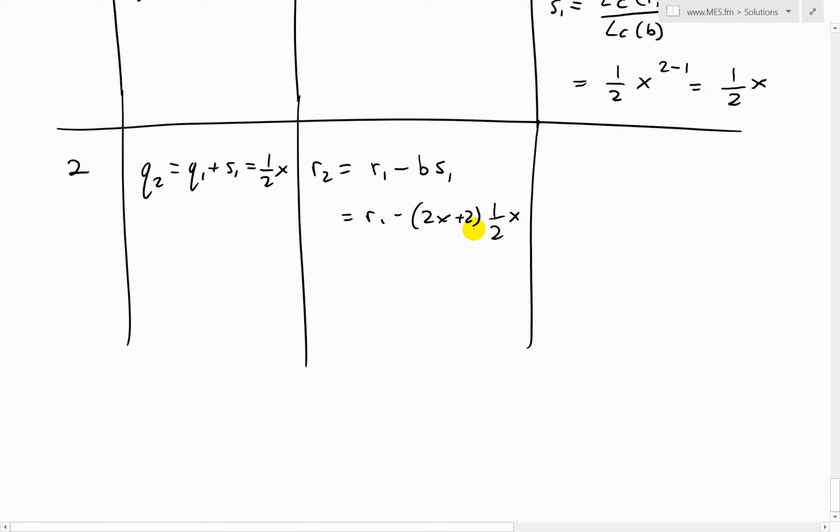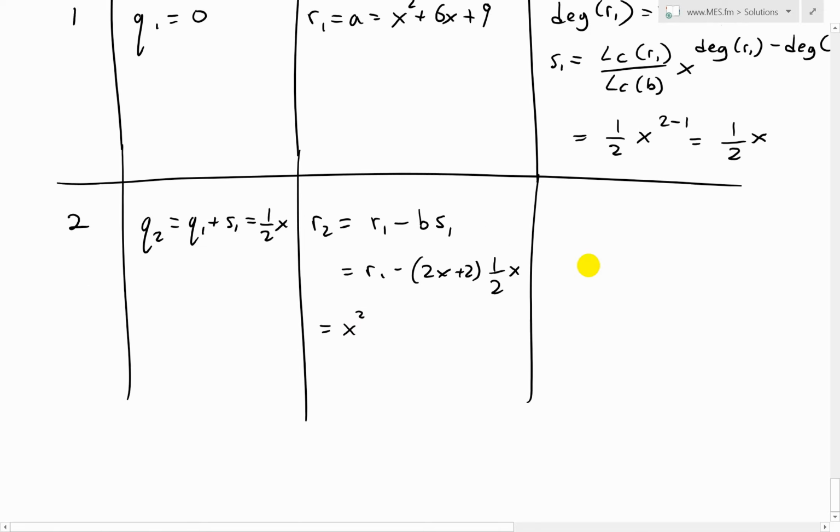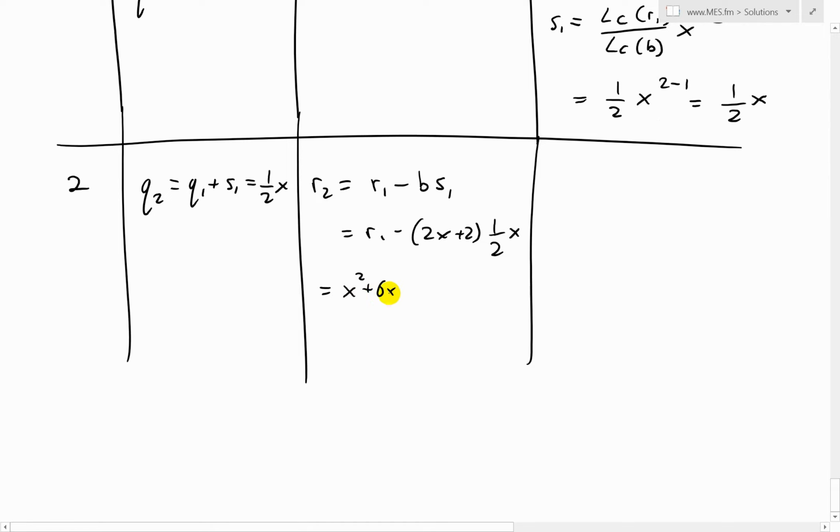So when you multiply that inside, what we end up getting is R1, or actually I'll just write the R1 first. So this equals R1, the x squared that's just above here, plus 6x plus 9. And then now we have here minus 2x times 1/2 x. The 2's cancel, we just have minus x squared.